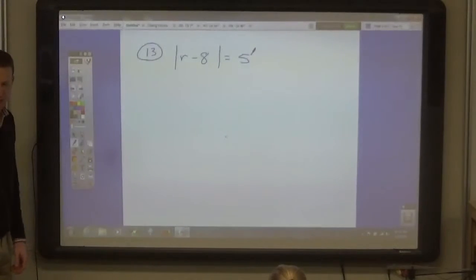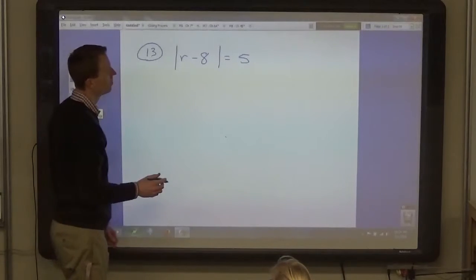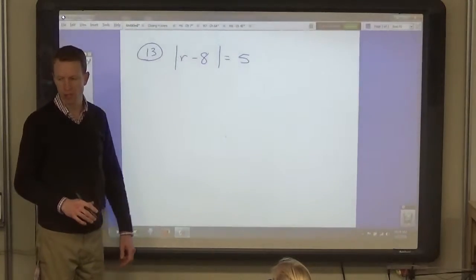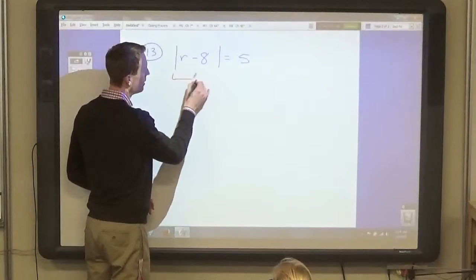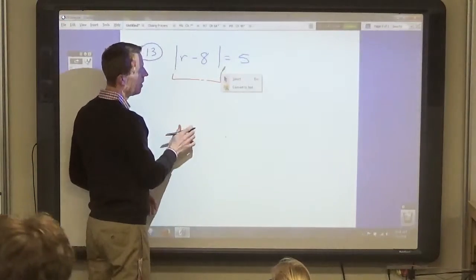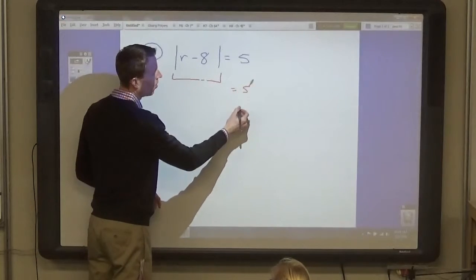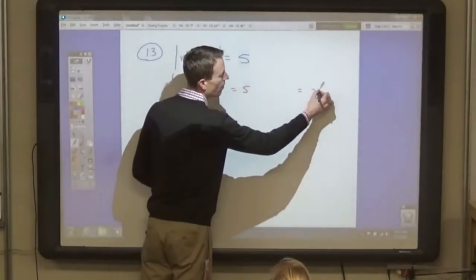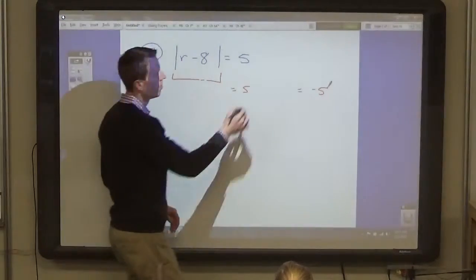What does that mean? First, let's figure out what this really means. It means that what's inside of this could equal positive 5, or it could be negative 5. So we have to solve two equations. Okay?